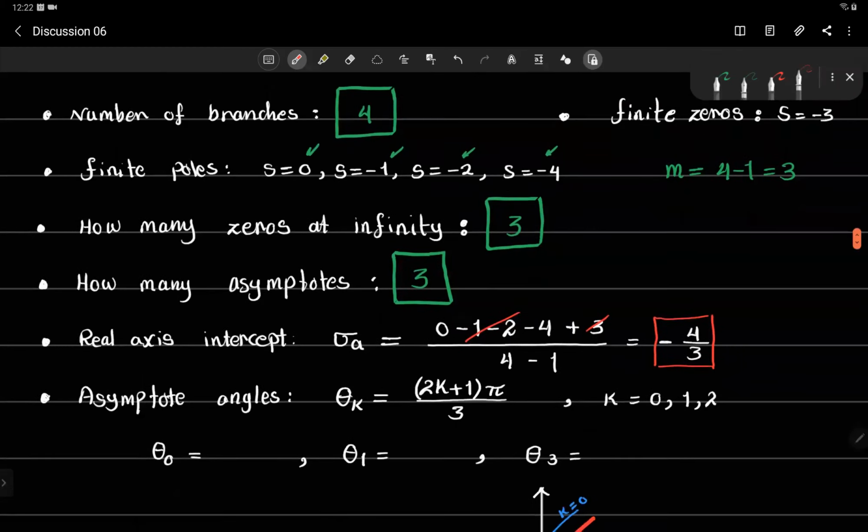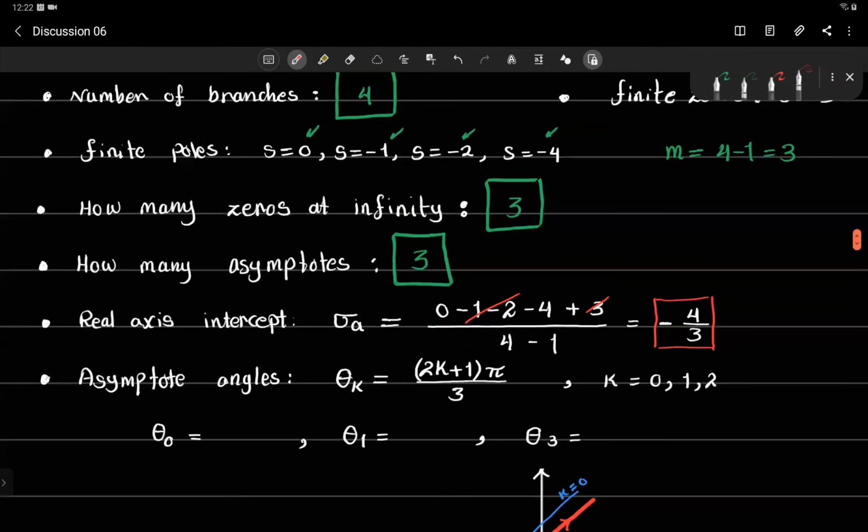And the angles of each one of them, because we have 3 asymptotes, will start from 0. The angles are given by this formula, which is 2k plus 1 times pi divided by 3, right? 3 here is the number of asymptotes, and k runs from 0 up to m minus 1, which in this case is 3 minus 1, which is 2.